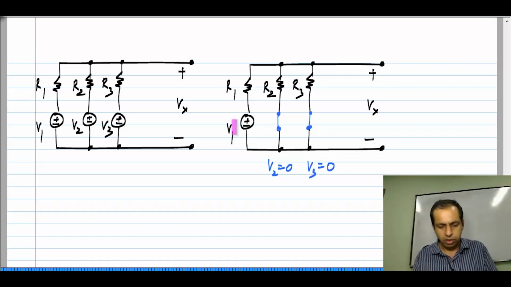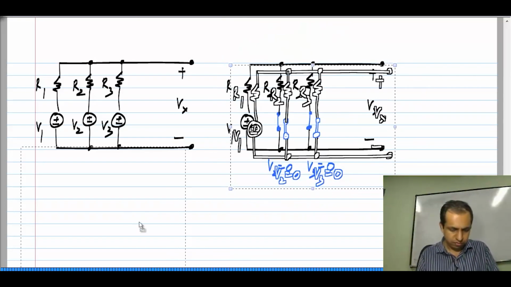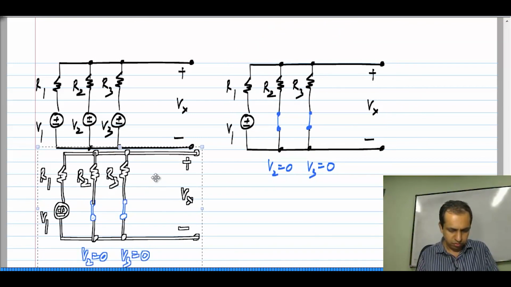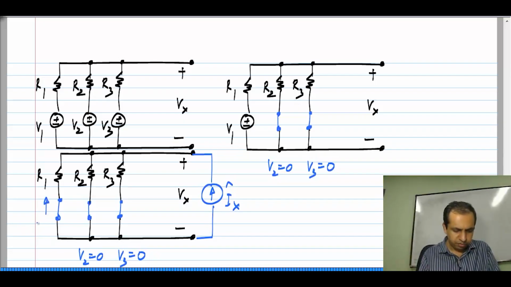Now I know that if I apply V1 here, I get some Vx. The ratio of Vx to V1 in this circuit is exactly the same as, let us say I short circuit this and I apply a current source over here, Ix hat, and I find I1 hat.